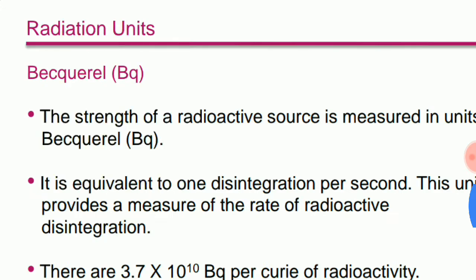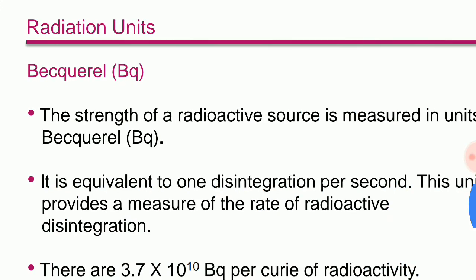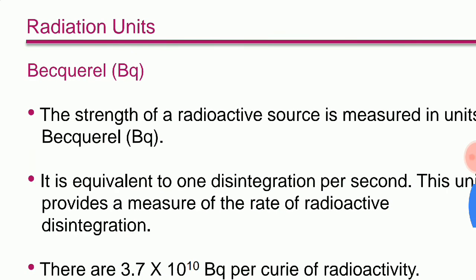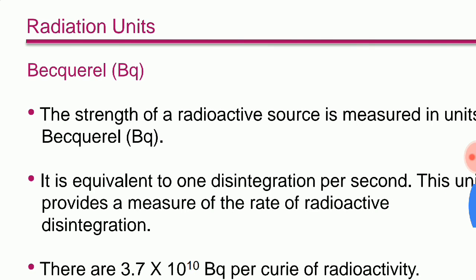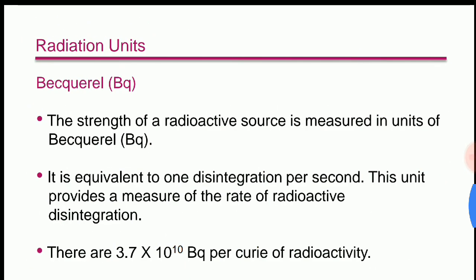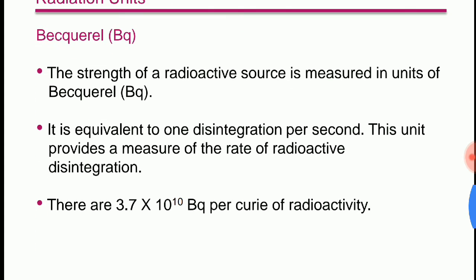And now radiation units. Becquerel. The strength of a radioactive source is measured in a unit of becquerel, or Bq. You can write the shortcut Bq: B is capital, and q is small. It is equivalent to one disintegration per second.